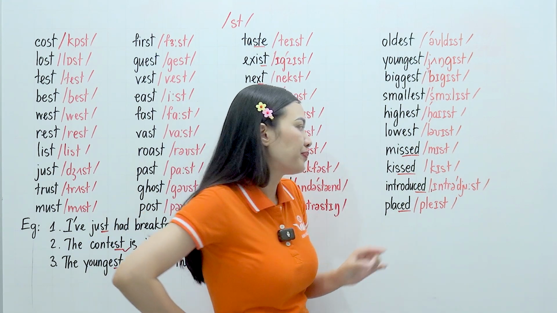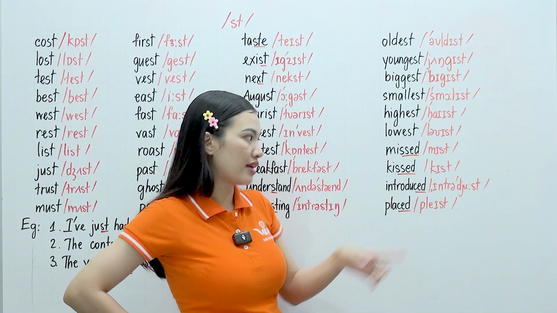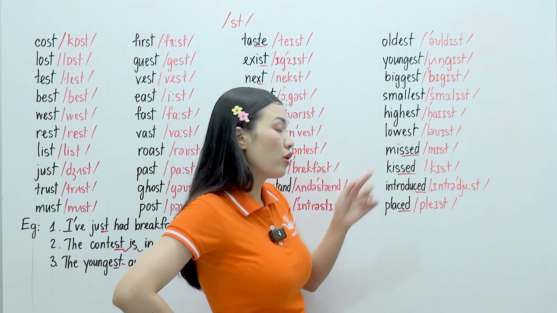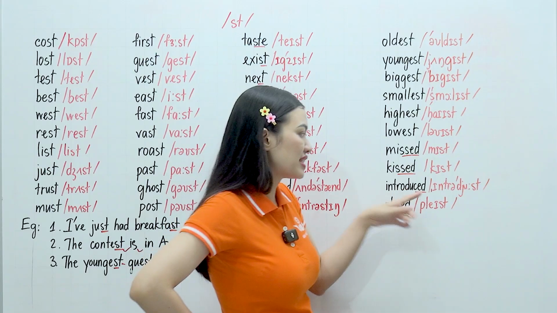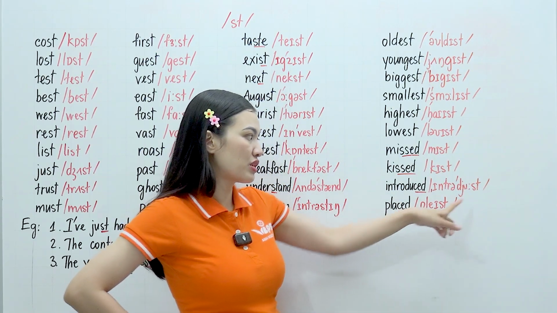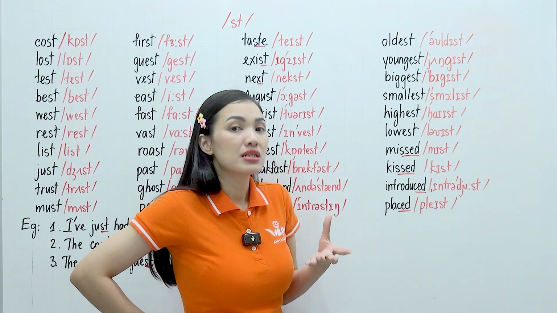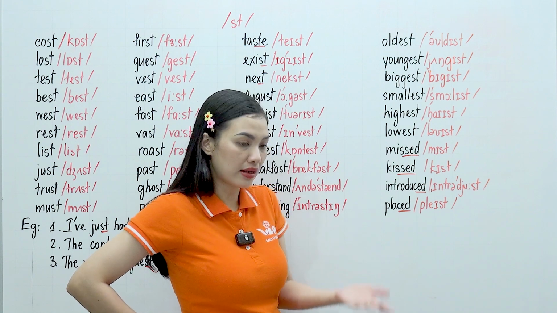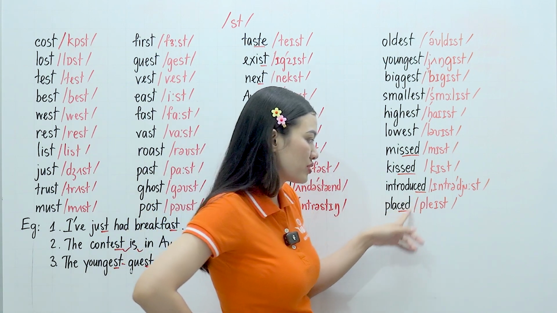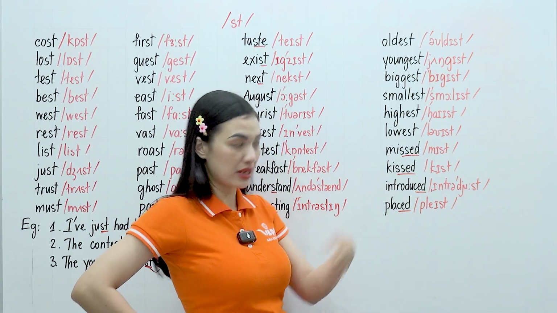And for regular verbs, usually if we add ed at the end, it is pronounced st, okay? Missed, kissed. And for a verb that ends with ce, when you add d, the ced here is pronounced st. Usually ce is pronounced s, just like nice, place, introduce, right? So if that is a verb, when you add d at the end, it is pronounced st. So pay attention to it.